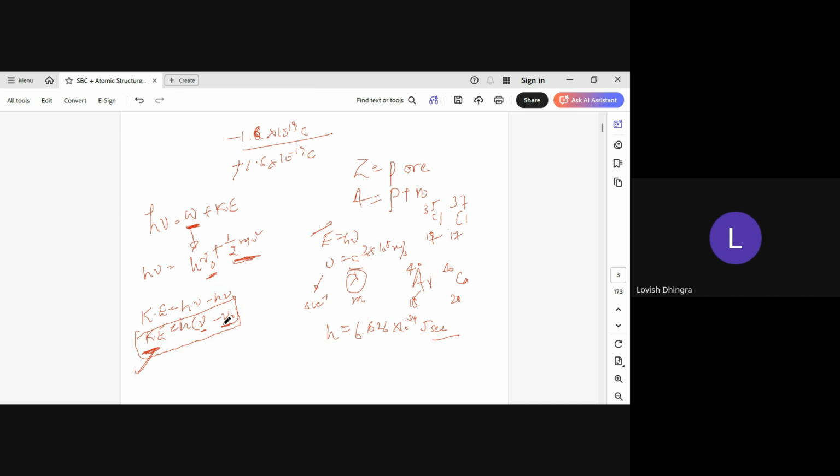What are the names of the series we have for the hydrogen spectrum? Lyman, Balmer, Paschen, Brackett, Pfund. Yes. So Lyman lies in which region? Ultraviolet, the UV region, right?